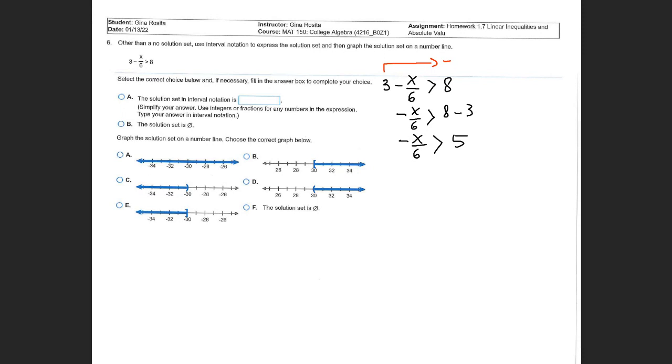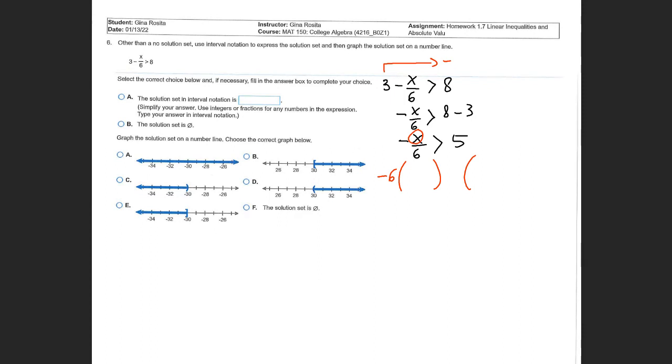Just remember, if you multiply by a negative number or divide by a negative number, change the symbol. So to get x, I have to multiply by negative 6 on both sides.